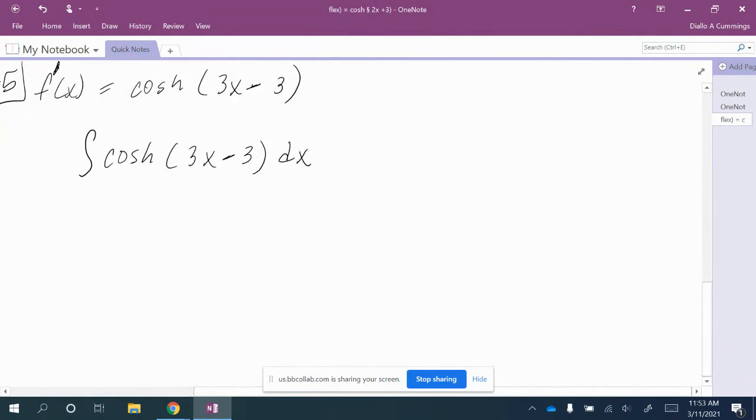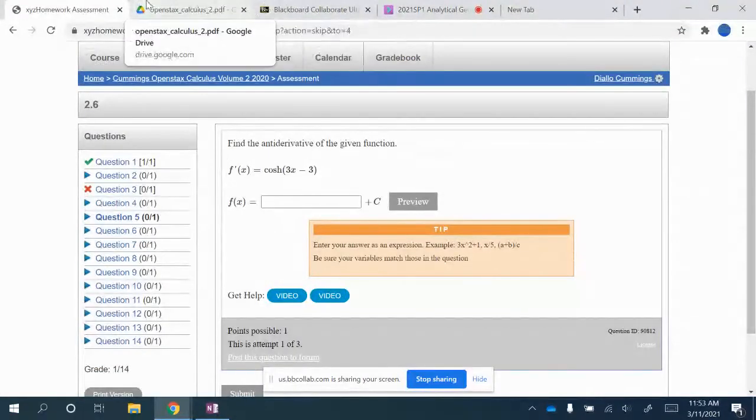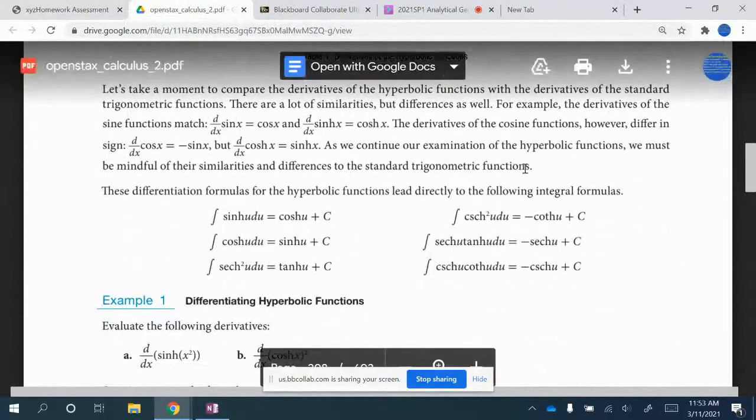All right. So if you notice in our formulas, we do have an integral formula for the hyperbolic cosine. So I'm going to use the other set of formulas.